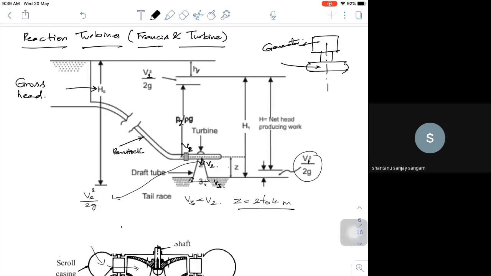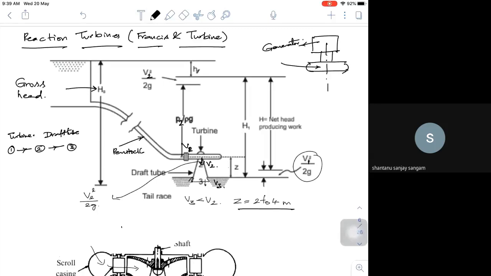My sign convention is 1 to 2 for the turbine, and 2 to 3 for the draft tube. I will use this sign convention for all my numericals from now onwards: 1 to 2 means turbine, 2 to 3 means draft tube.